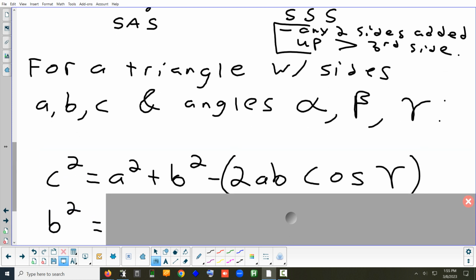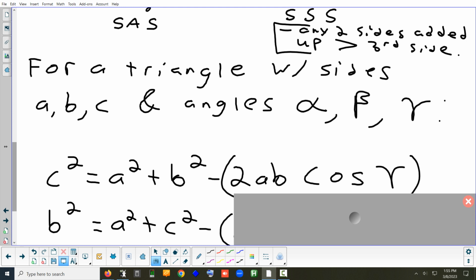Okay. So if I started with B squared, anybody think they know what would come immediately after? It's going to follow this same pattern. A squared plus C squared minus 2AC cosine what? Beta.